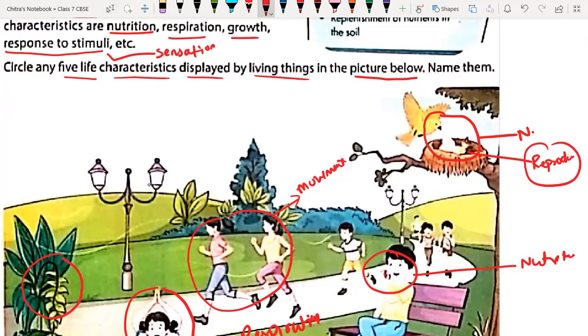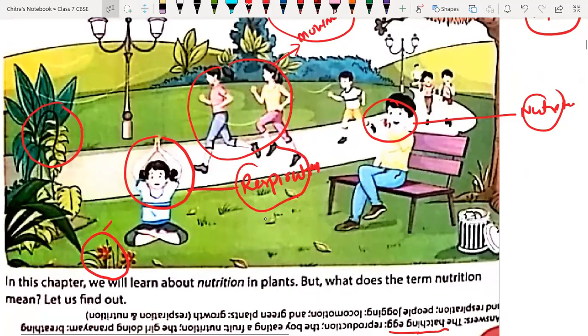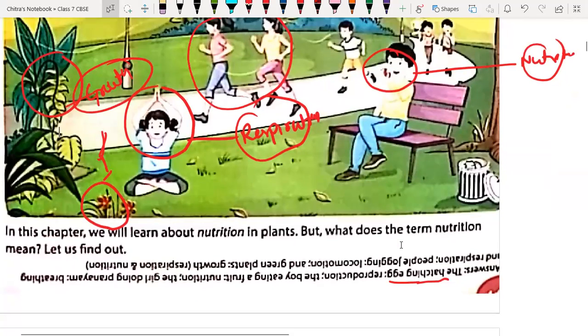Plants are growing, you know, when we sow the seed in the garden, plant height and root depth also increase. So here it is growth. Yes, so these are the 5 life processes. Even dispersal, sir, like leaves falling off. Yes. So here we have the boy eating fruit, which is nothing but nutrition. Here we have reproduction.